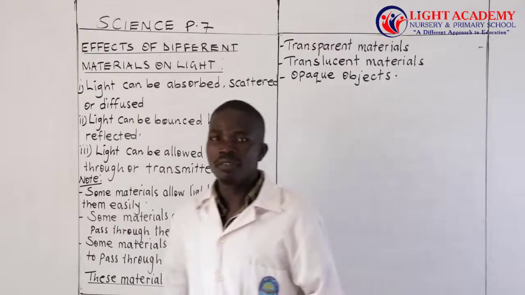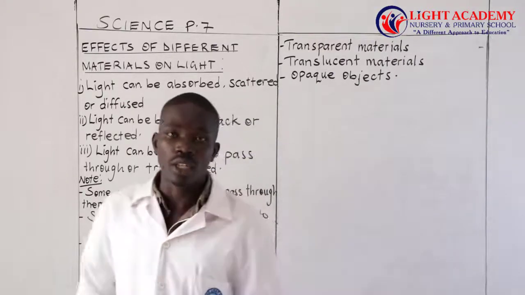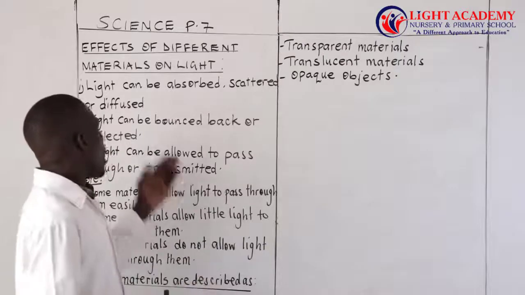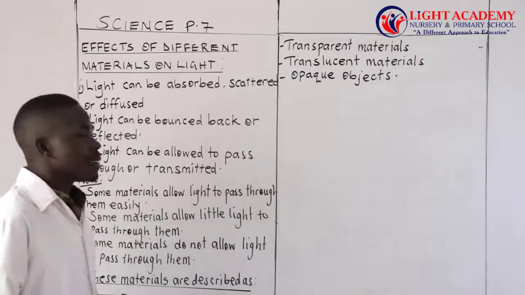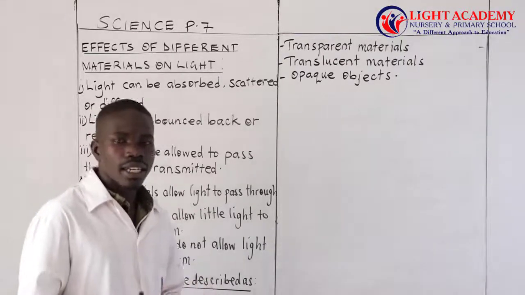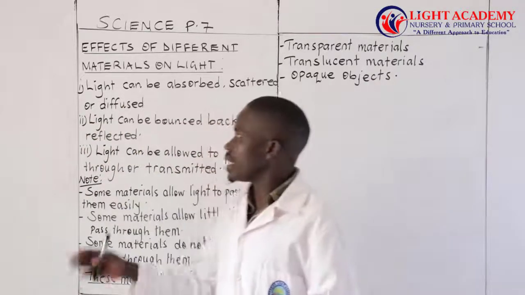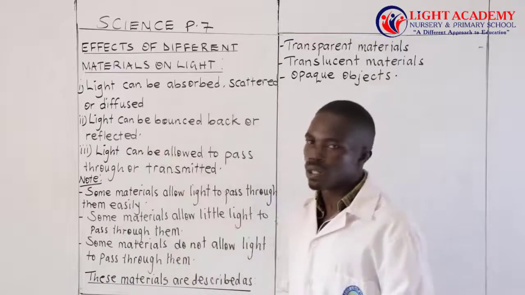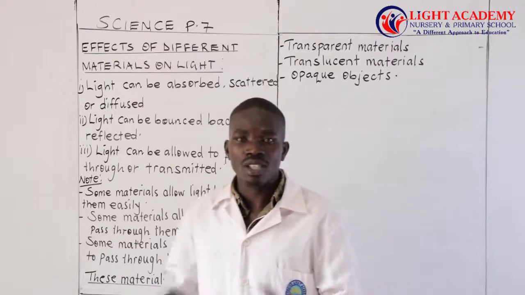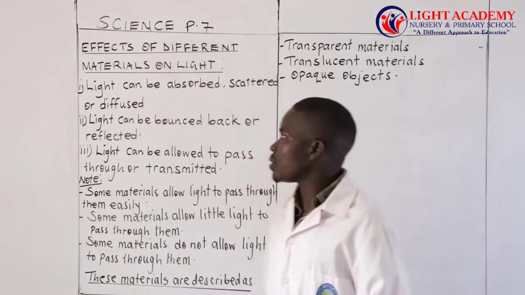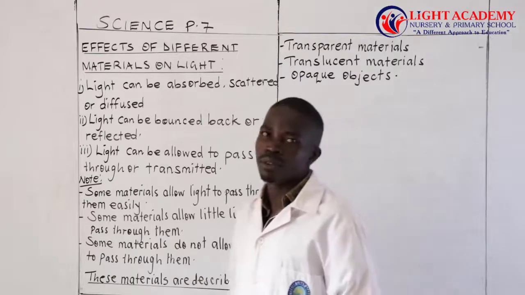These effects of different materials on light, we have the first one, that light can be absorbed, scattered, or diffused. There are different materials that can make light scatter, diffuse, or be absorbed.